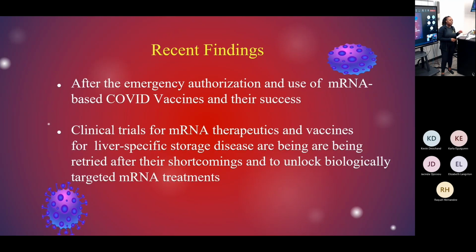Another future area of study for mRNA vaccines is therapeutics and vaccines for liver-specific diseases. So after the emergency authorization and use of mRNA vaccines for COVID, they are trying to use the models and methods to create vaccines for liver-specific storage disorders.